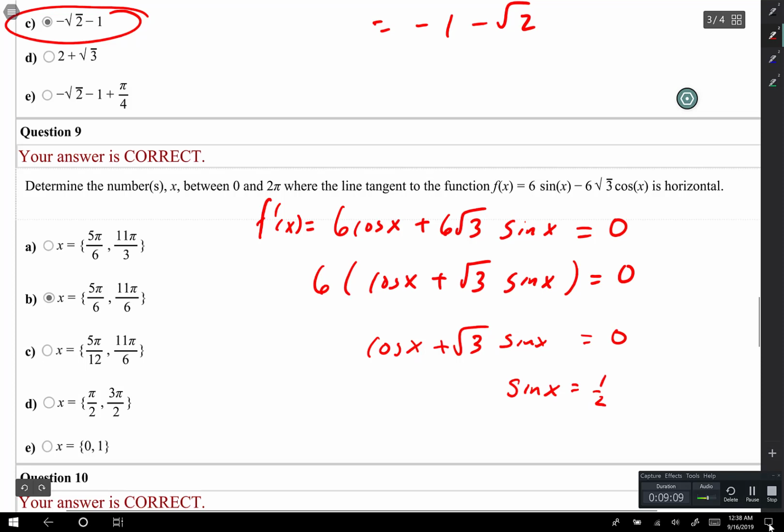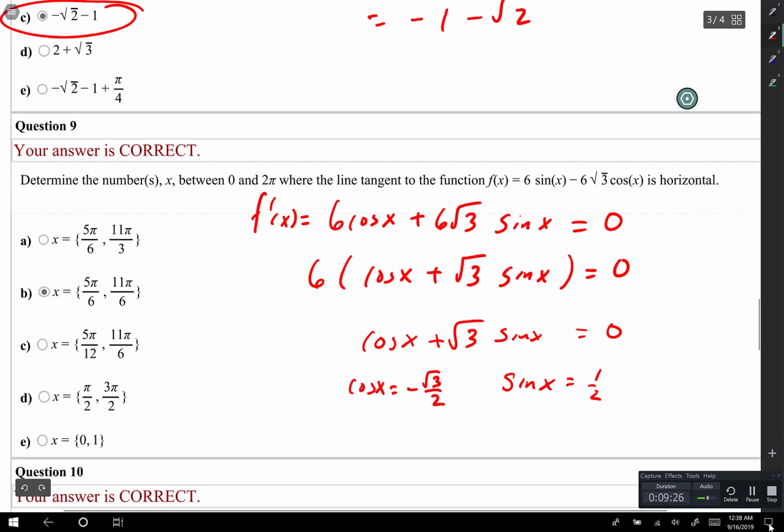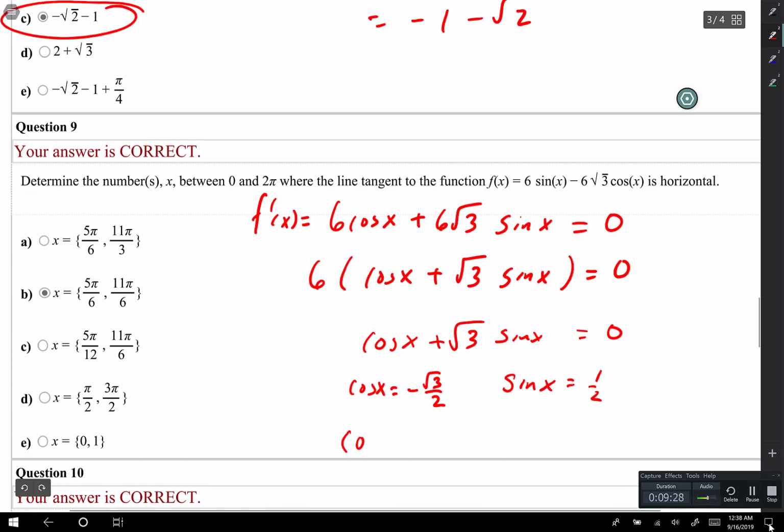If that's a half, then cosine x better equal a negative square root of 3 over 2. So how does this work? Well, think about it. If cosine is negative square root of 3 over 2 and sine x is a half, I'm going to have negative square root of 3 over 2 plus square root of 3 over 2. So that's one way. The other way that it can happen is I can have cosine x equal a positive square root of 3 over 2, and sine x equal a negative half.